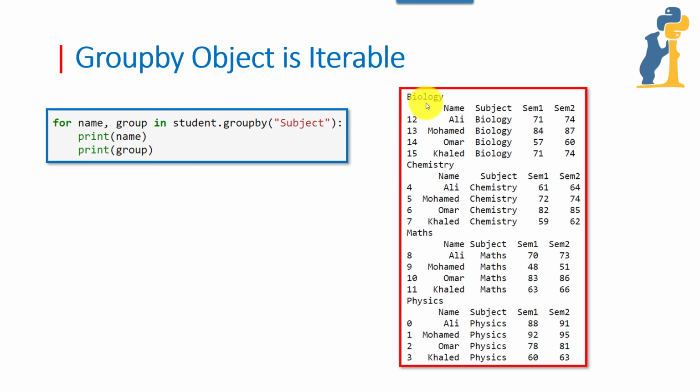You will receive the name of this section of this group based on subject, biology, and you will get the section of the data frame that has biology in the subject column. And in the next cycle you will receive chemistry as the name of the section and the section of the data frame that includes chemistry in the subject, and so on.